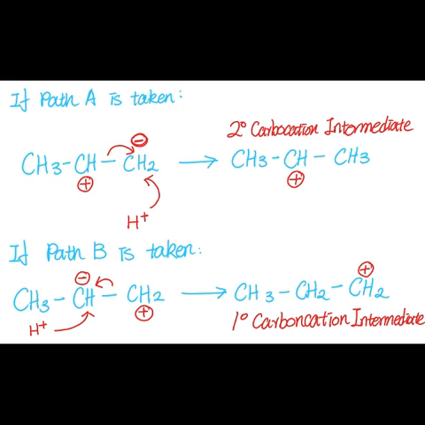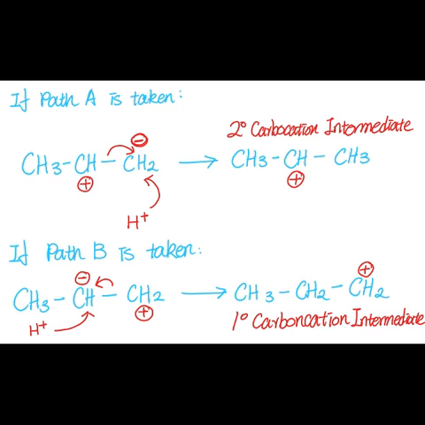If it's attached to one, it will be primary or first degree. If it's attached to two, it will be secondary, second degree. If it's attached to three, then it will be a tertiary carbocation. So that's just the meaning behind that particular naming.